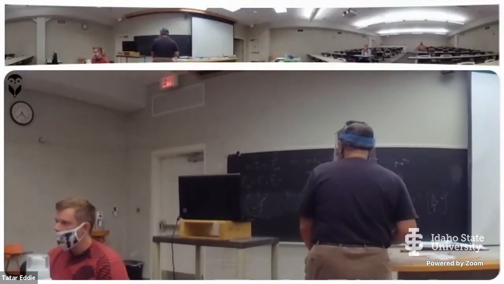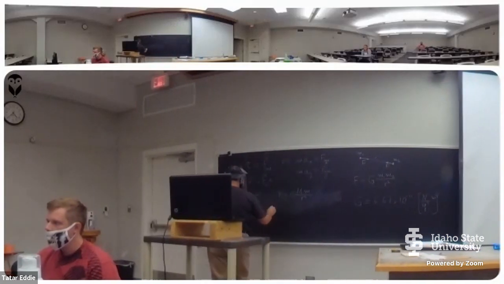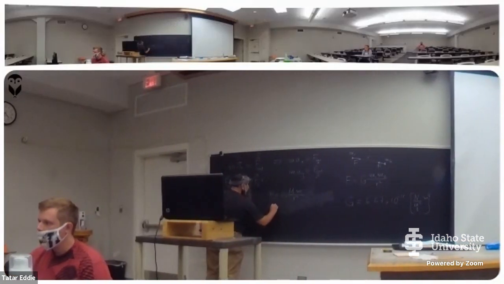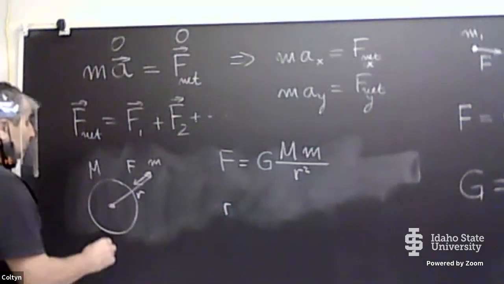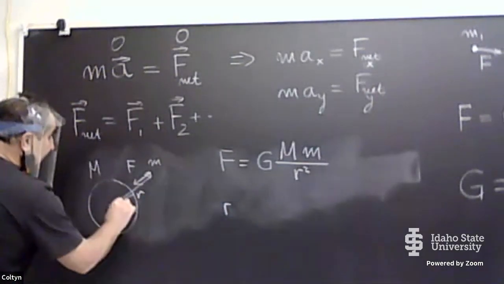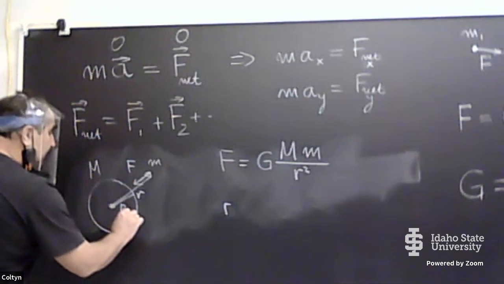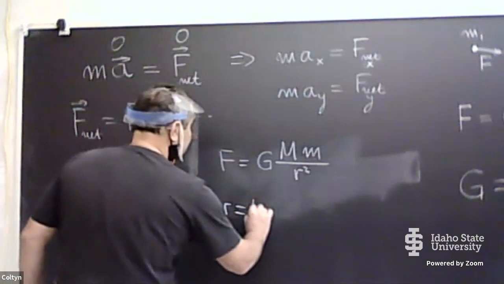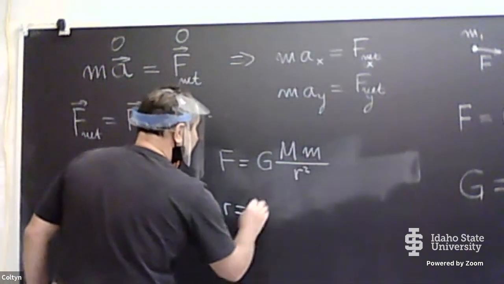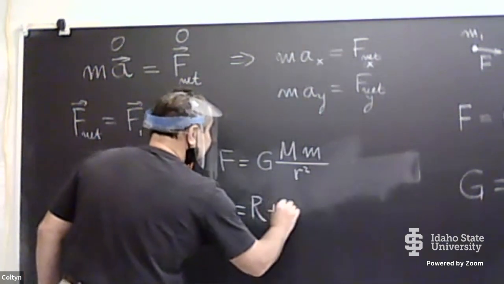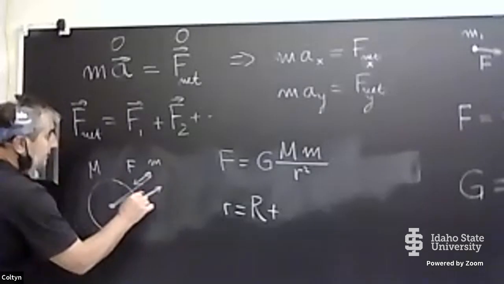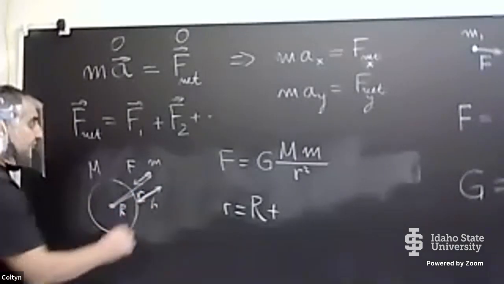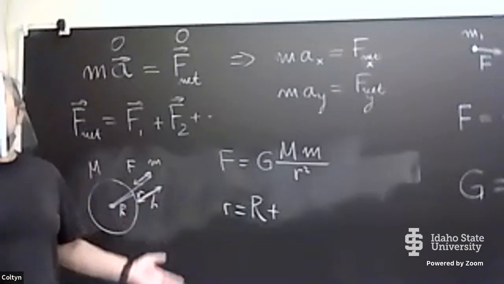Well, in this case, this means that the distance to the center of Earth, the distance r, is equal to the radius of the planet Earth, capital R, plus some height, h, the height of the object above the surface of the planet.